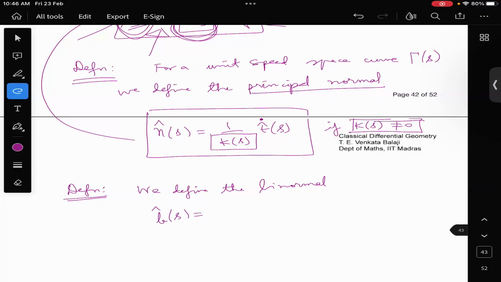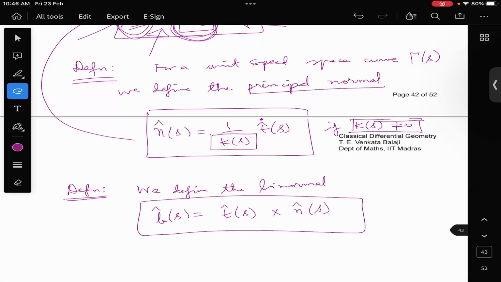So this b hat s should be t hat s cross n hat s. So this is how you define the binormal, okay.